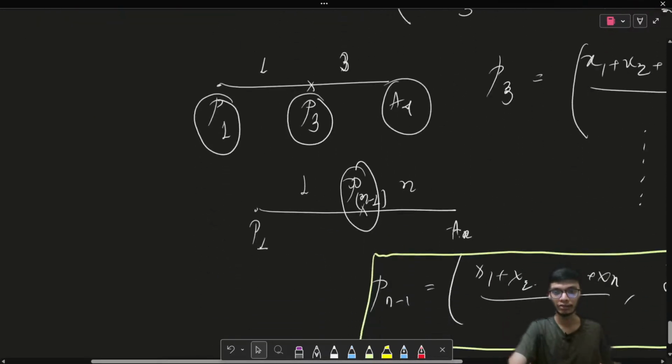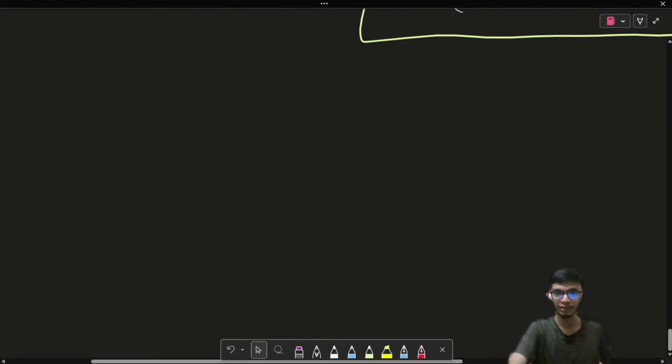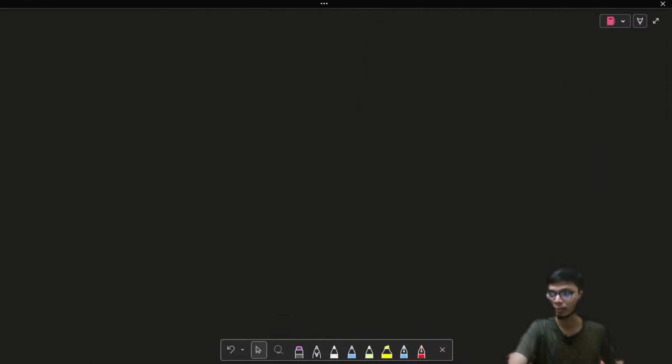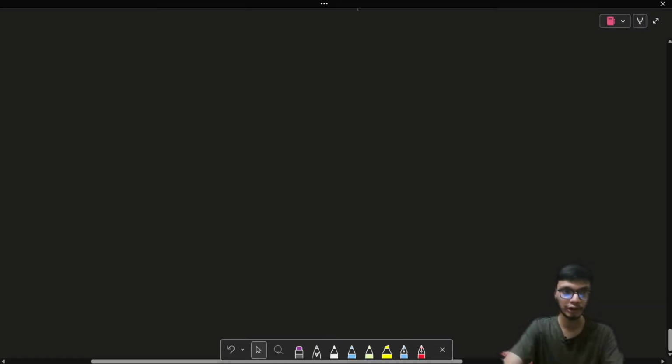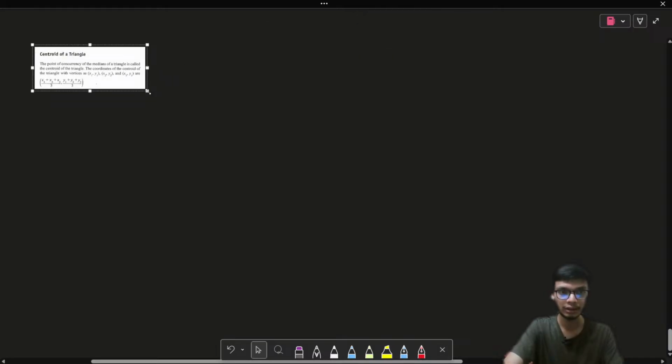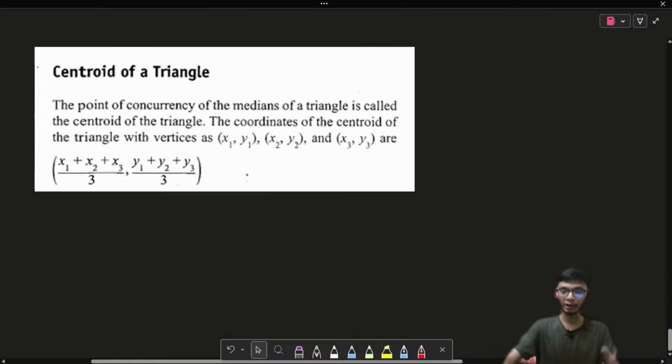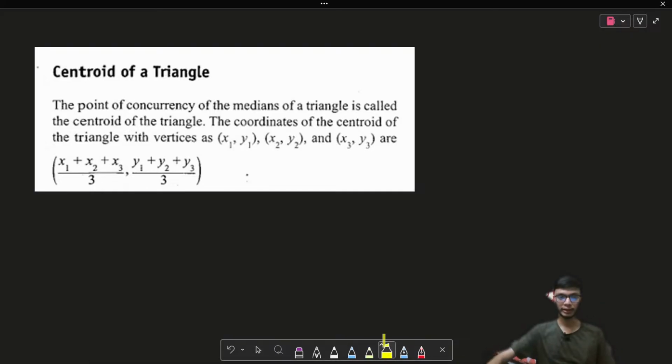So now let us quickly go forward, discussing some of the important points or coordinates of the triangle. Let us first discuss the centroid of a triangle. The centroid of a triangle is defined as the point of concurrency of the medians, right?